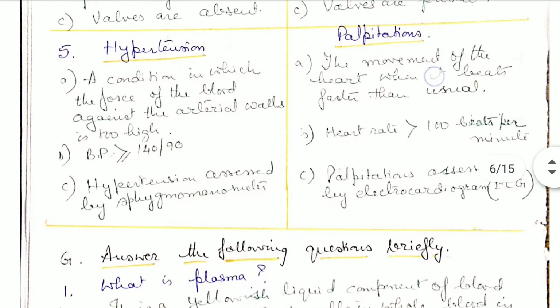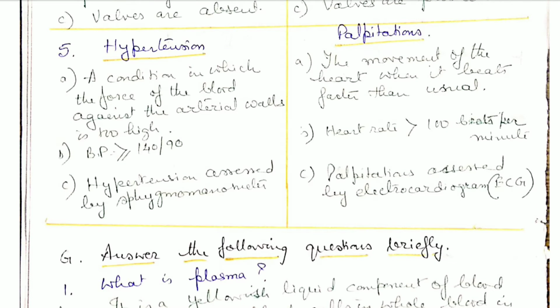And then we come to the difference between hypertension and palpitation. Hypertension is a condition in which the force of the blood against the arterial walls is too high, and palpitation is the movement of the heart when it beats faster than usual. In hypertension, BP is greater than or equal to 140/90, that is systolic and diastolic pressure.